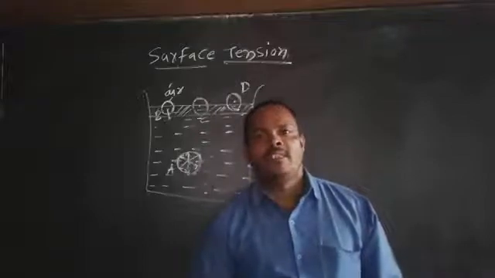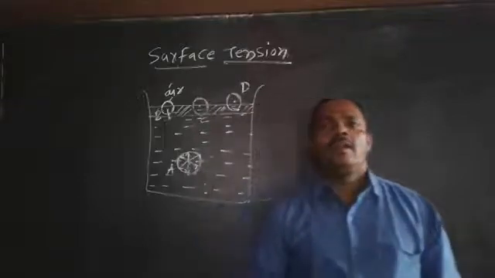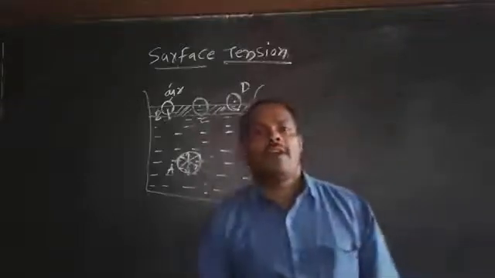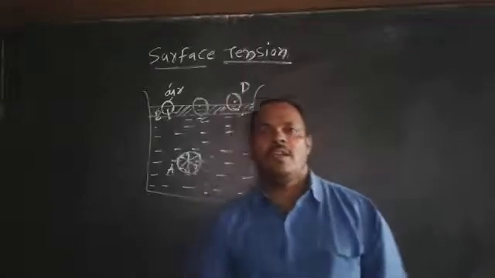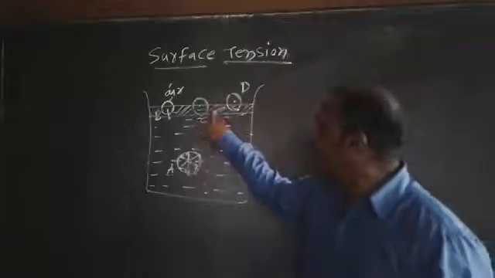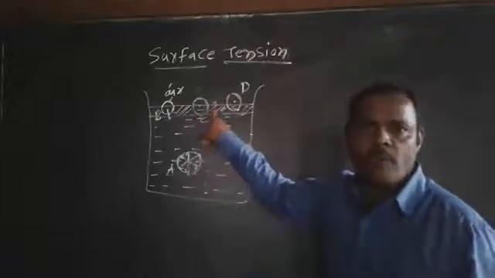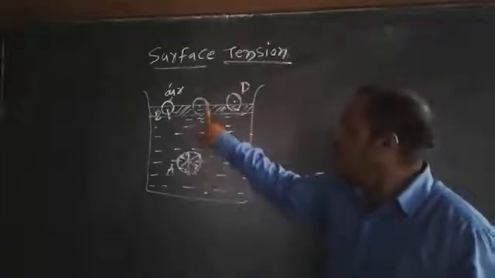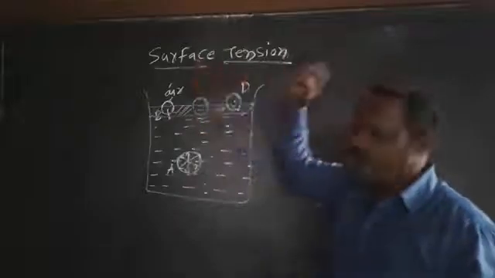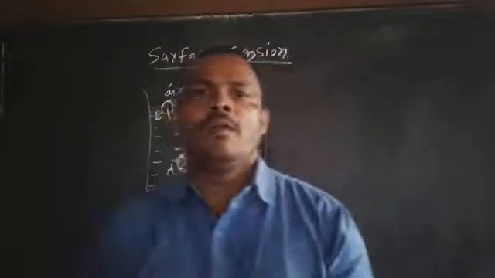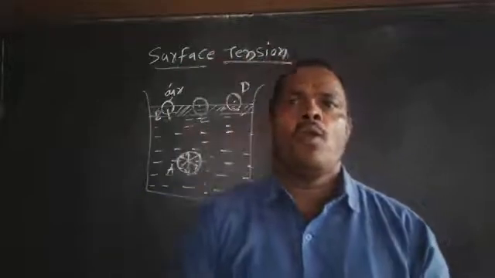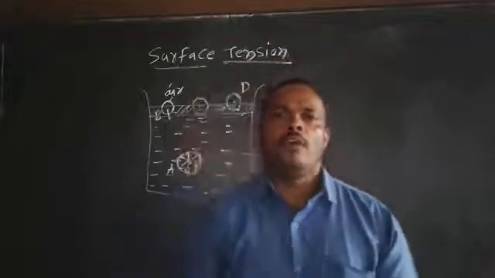If rubber is stretched, then it gets elongated and the stretching force is called tension. Similarly, in the case of the liquid surface or liquid film, the tension is called surface tension. So that ends the article, surface tension on the basis of molecular phenomena.